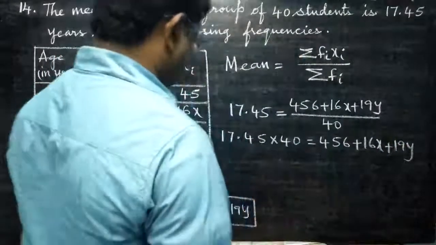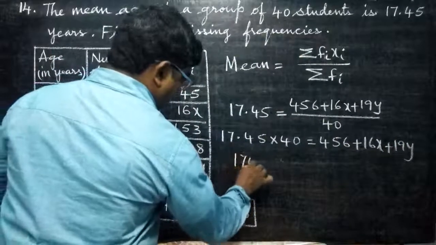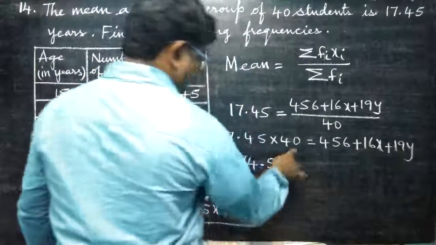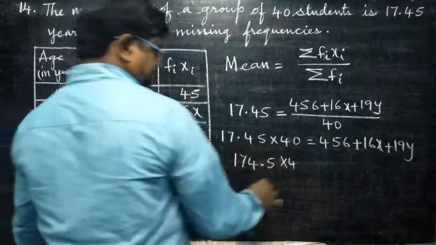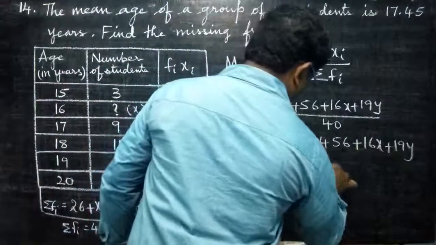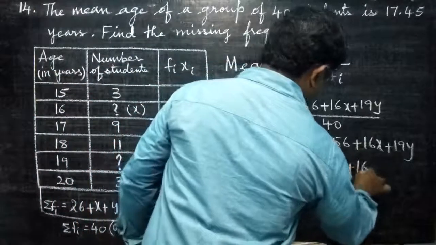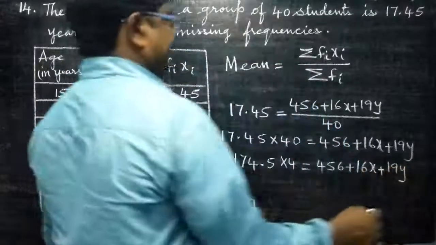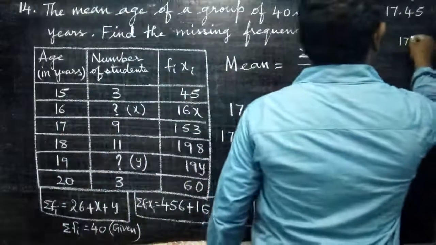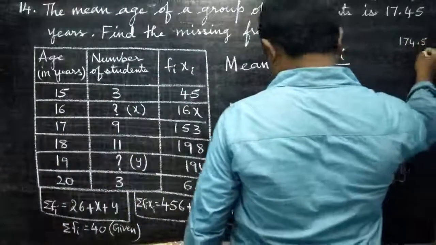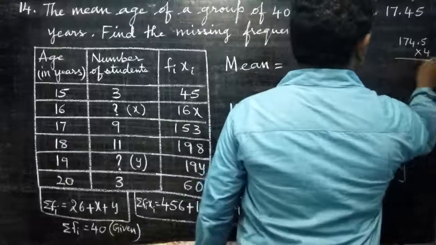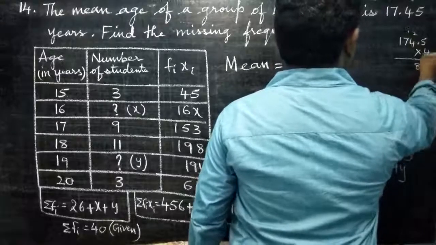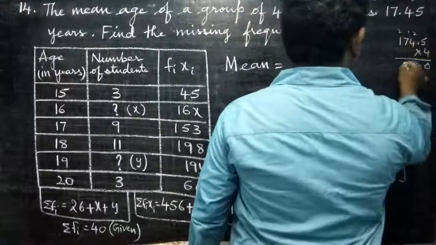Now we know the easiest method. 174.5 into 4, because 0 is there, decimal moves forward, is equal to 456 plus 16x plus 19y. Now multiply. 174.5 into 4. 4 5s are 20, 2, 16, 18, 1, 28, 29, 2, 6.